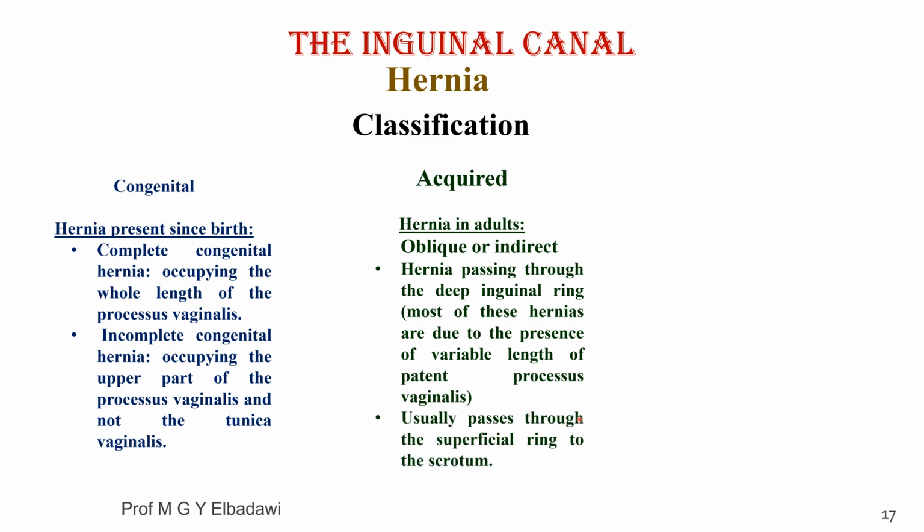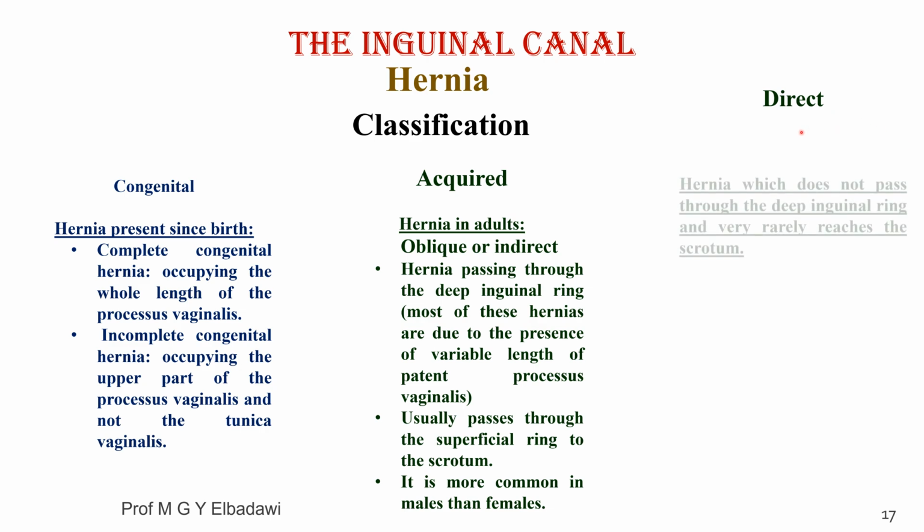It usually passes through the superficial ring. So a hernia going through the deep ring can go through the superficial ring. It is more common in males than in females because we have seen the male canal is larger than the female one.